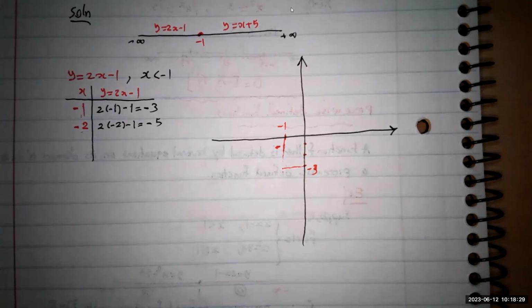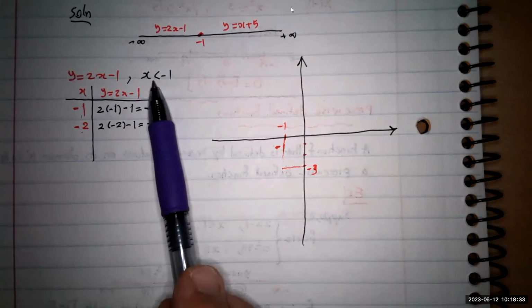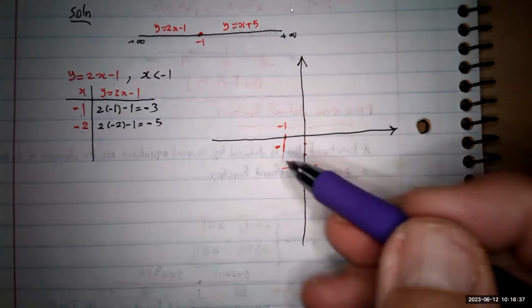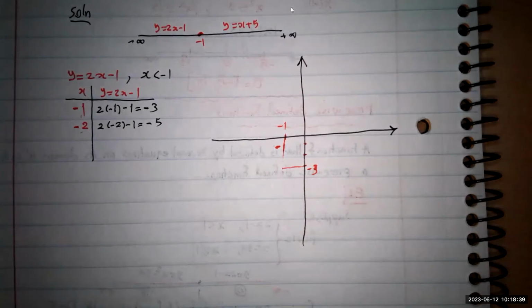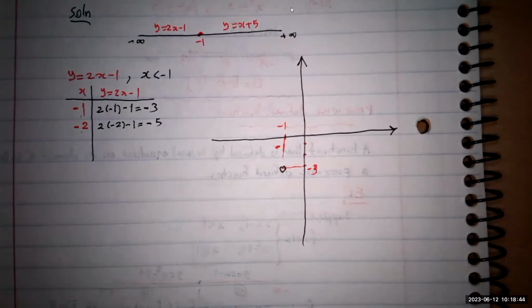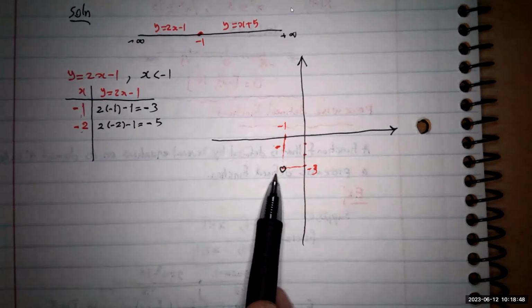But you have to check to see if this partition point is covered or not. You say x is not equal to. When it's not equal to, it means this point is not going to be on the graph of your function, so you make a hole here. If it is equal to, you make a solid point here.